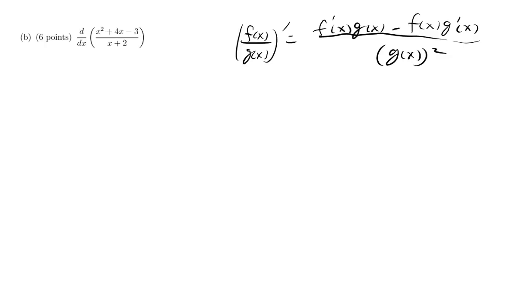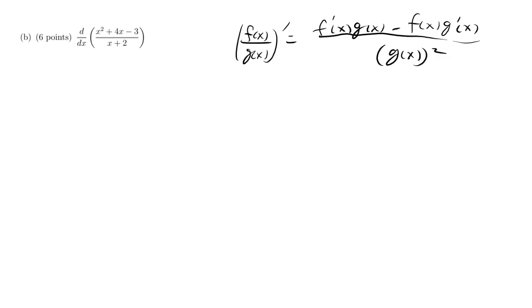That will give you a nonsense answer. You should always use this quotient rule. And another common mistake that people make when they do the quotient rule is they switch these two. If you switch these two, you get an overall negative. Your answer will be off by a negative, so you have to be careful.